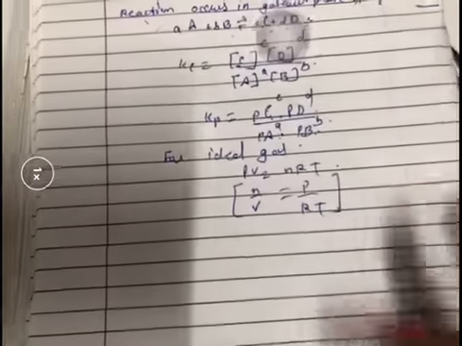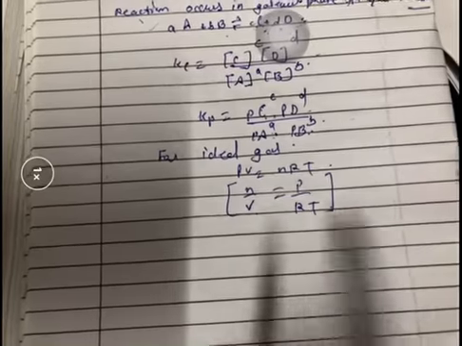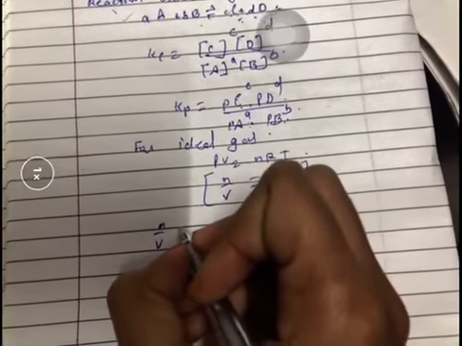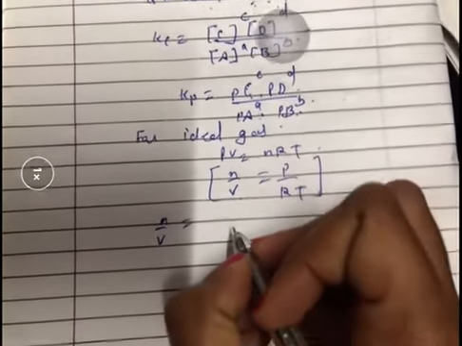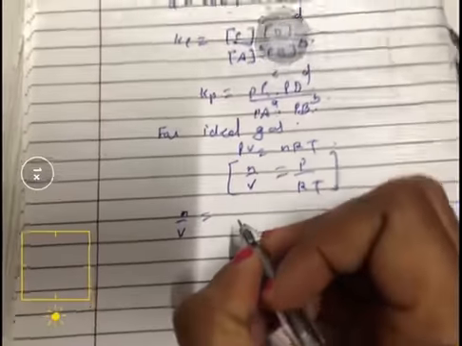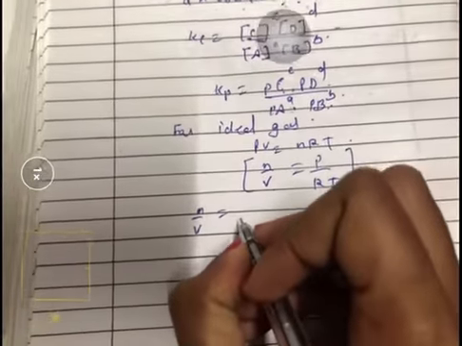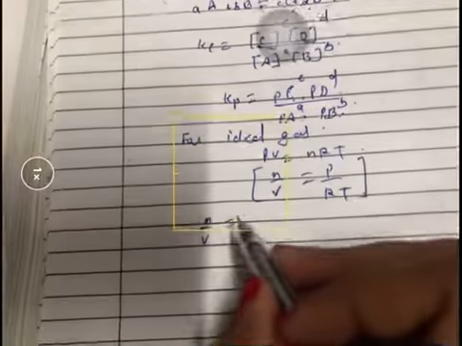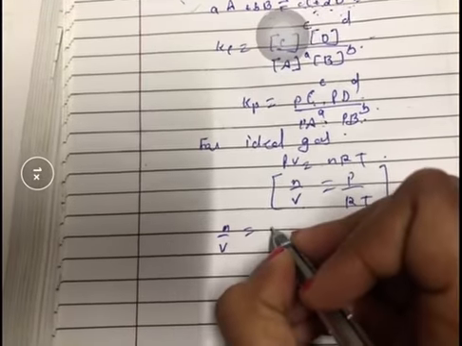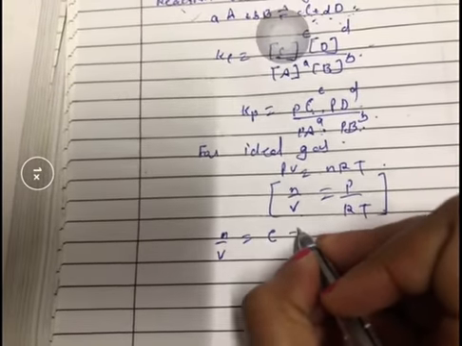Clear? Now n upon V, as you have learnt in your previous classes, especially in 9th class, is the number of moles per unit volume. It represents C, that is, the concentration.